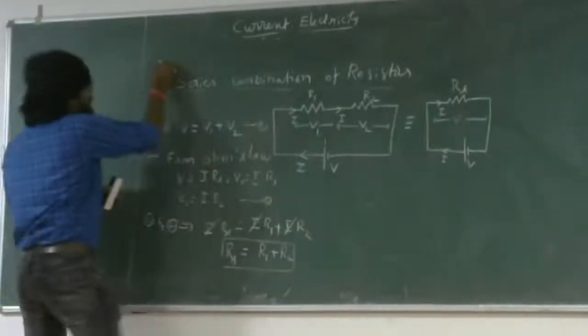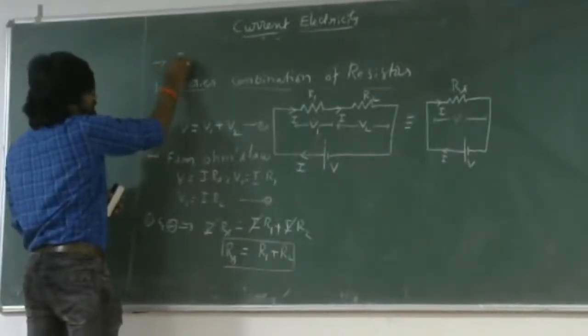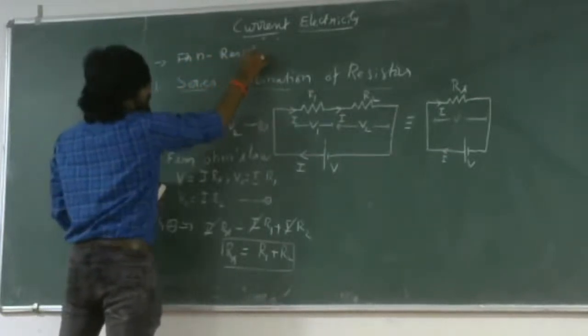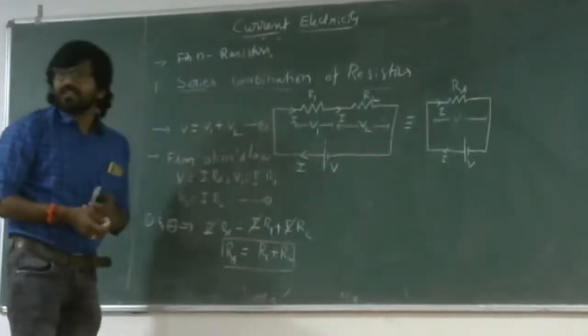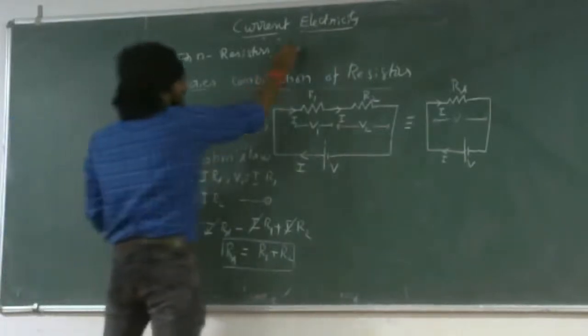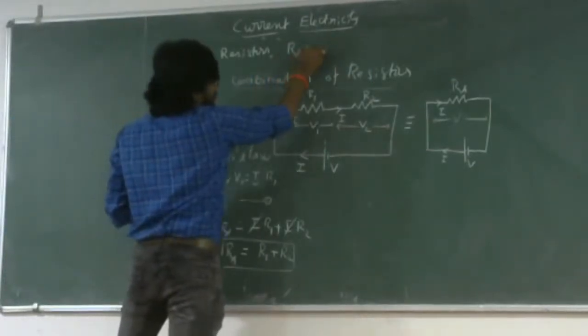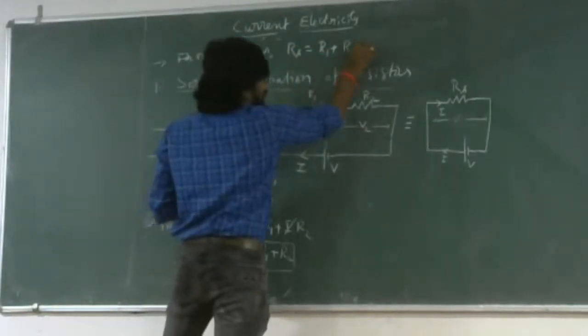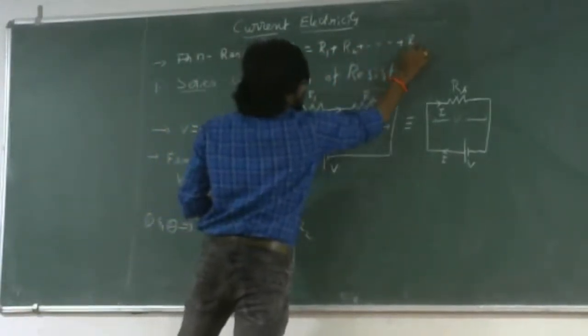Right. So if you extend this for n resistors, we can say that Rs is equal to R1 plus R2 plus so on plus Rn.